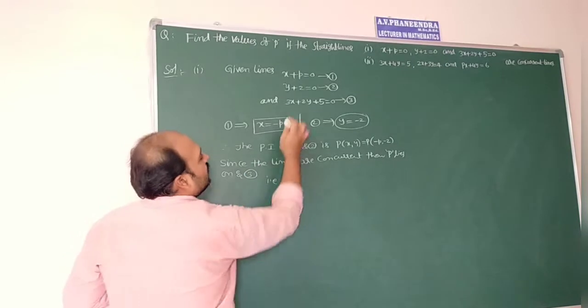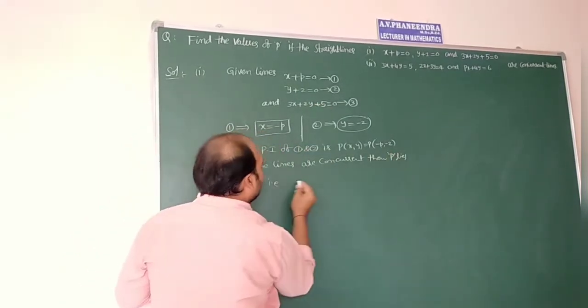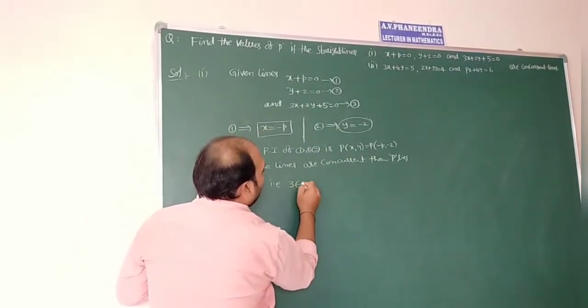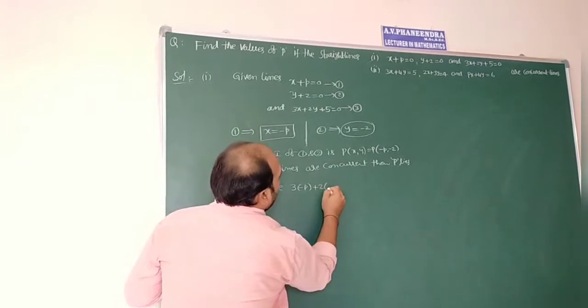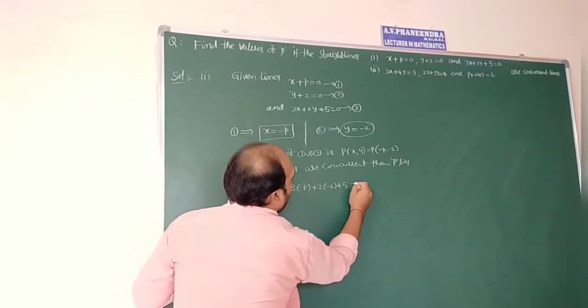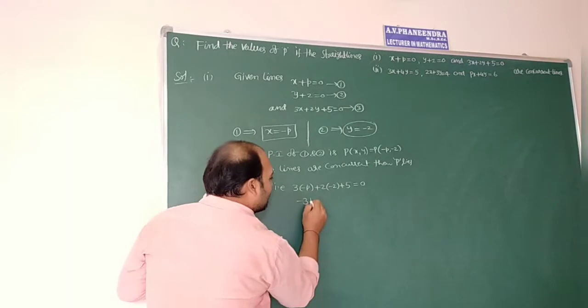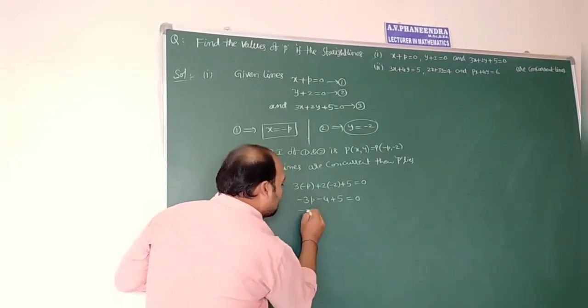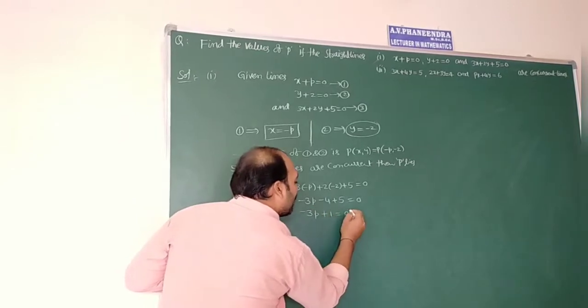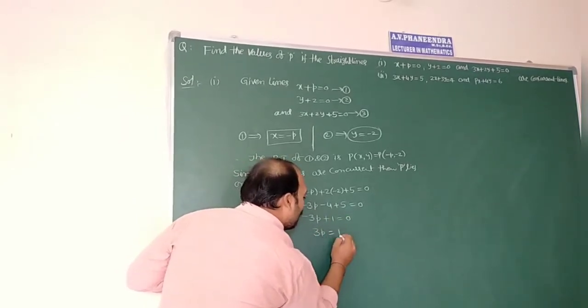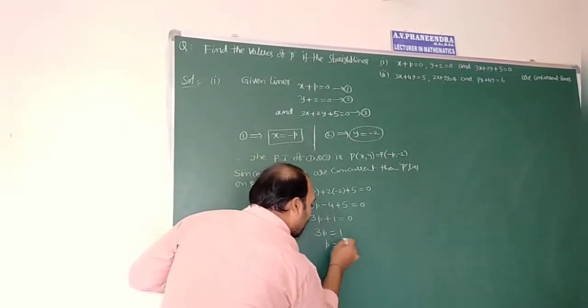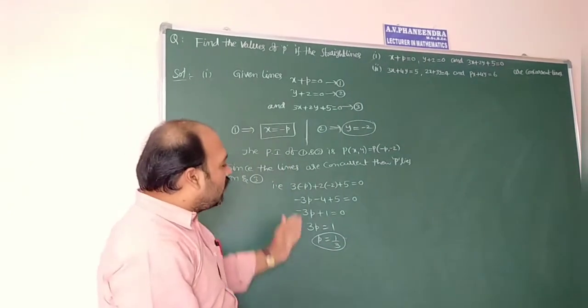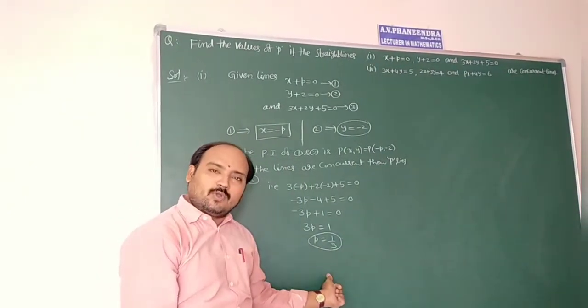That is, in place of x, y, replace with these values: 3 into minus p plus 2 into minus 2 plus 5 equal to 0. Minus 3p minus 4 plus 5 equal to 0, minus 3p plus 1 equal to 0. So 3p is equal to 1, p is equal to 1 by 3. So if the given lines are concurrent, then the value of p is 1 by 3.